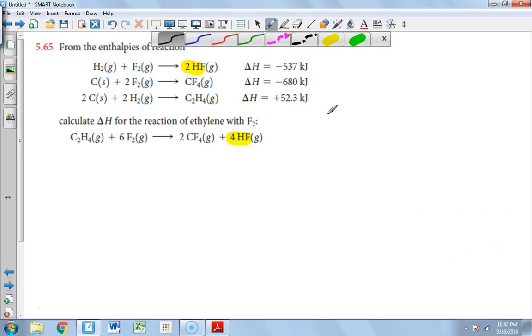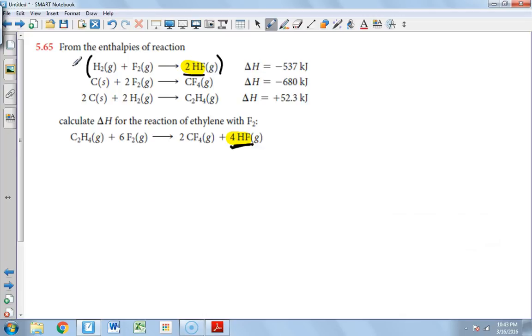In this reaction we have 2HF, and in this reaction we have 4HF. So how are we going to get HF here to look like HF here? We're going to take this whole reaction and multiply it by 2, and that makes the delta H multiplied by 2.